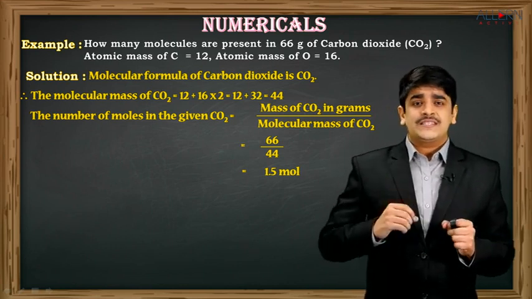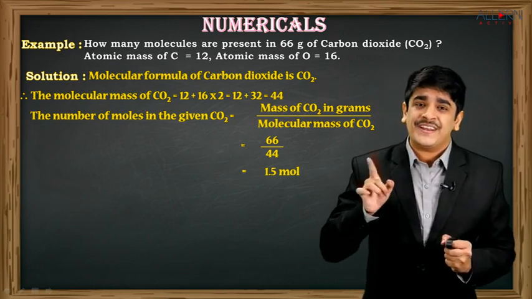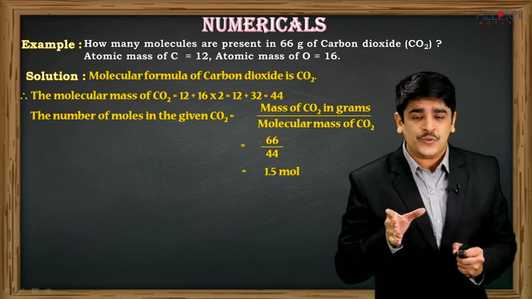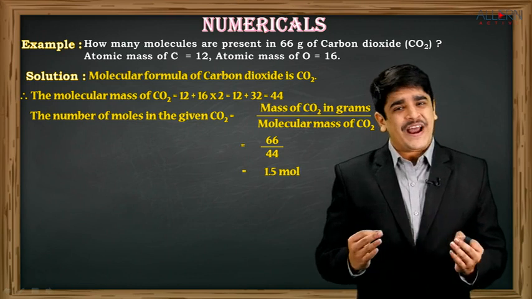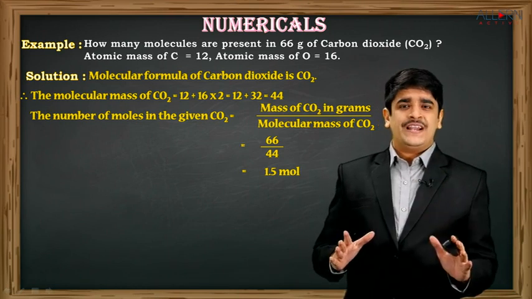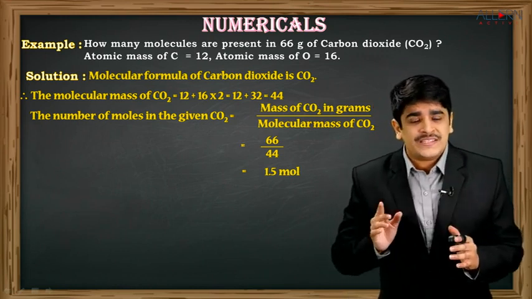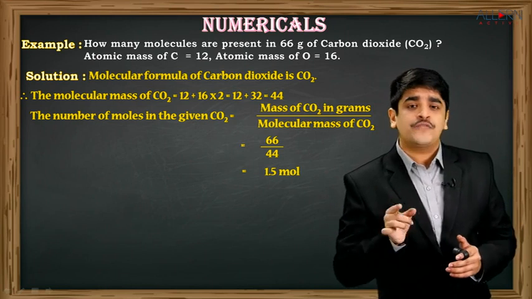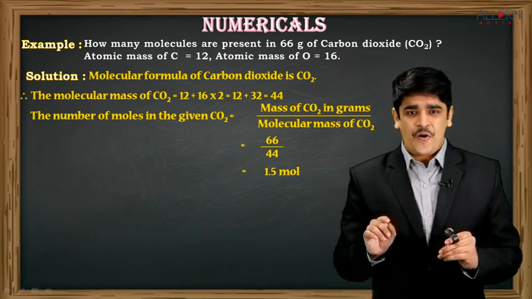So 66 is the mass of carbon dioxide given in grams in the sum, which was already supplied to you. 44 is the molecular mass of carbon dioxide that you and I calculated right now together. 66 divided by 44, very easy calculation, gives me 1.5 moles, which means that 66 grams of carbon dioxide is actually nothing but 1.5 moles of carbon dioxide.